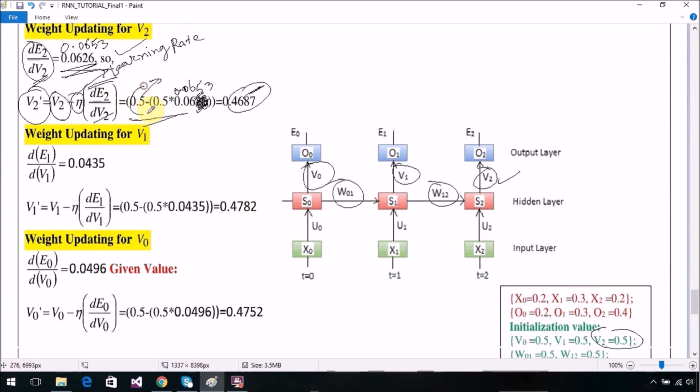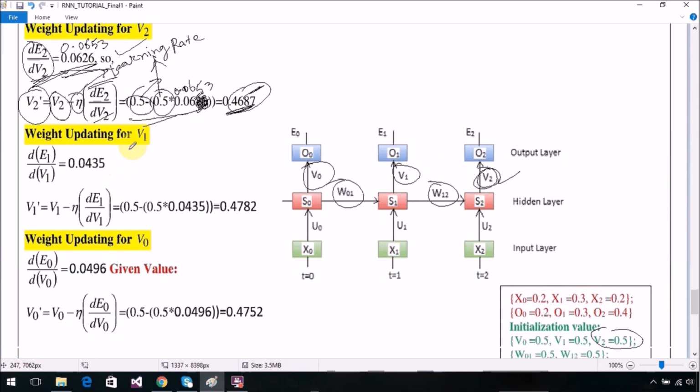So we'll put it here. Learning rate is 0.5. This is the calculated gradient value 0.0653. So it will be near to this value. So we'll use this value to update the neuron V2.